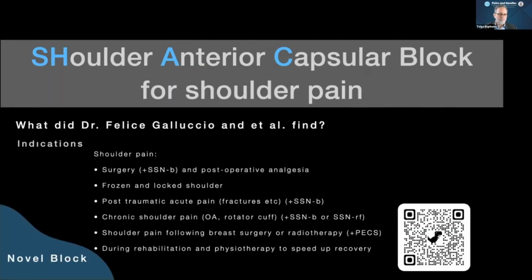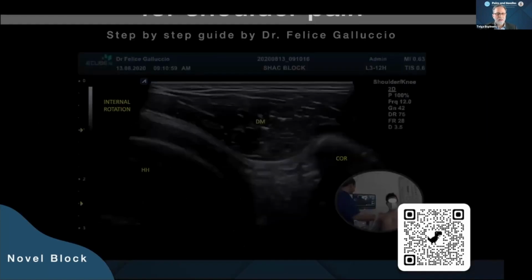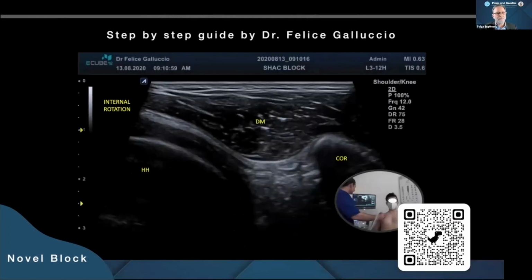And you can find in this article what Dr. Felice and colleagues found, and the indication for this shoulder pain. And Dr. Felice shows us how we can perform this procedure step by step.